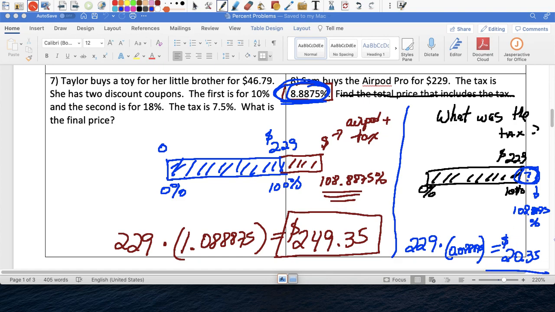So I hope you see a difference between what happens when you multiply by just the tax itself, you actually just get the tax, or if you multiply by this when it's added to 100, which becomes 108.8875. And that, in this case, is the price of the AirPod plus the taxes.